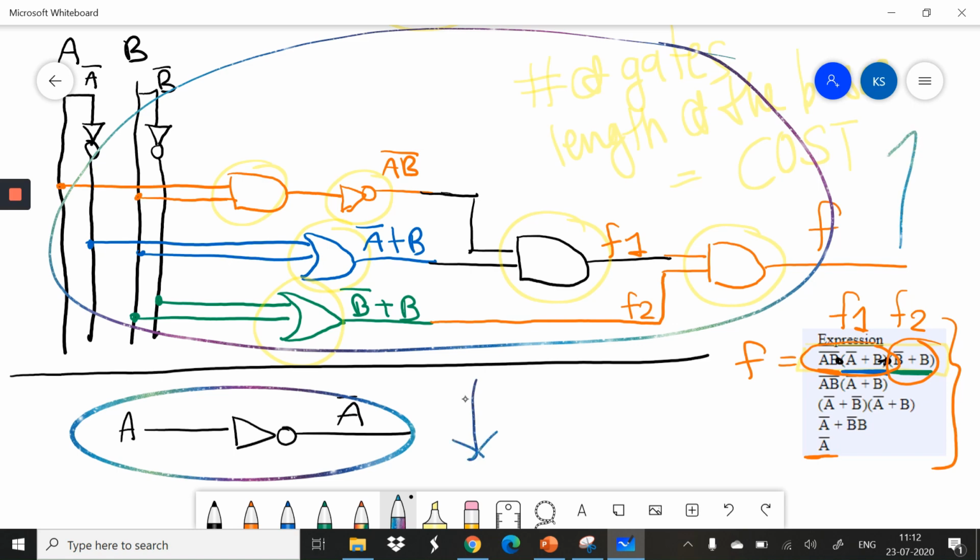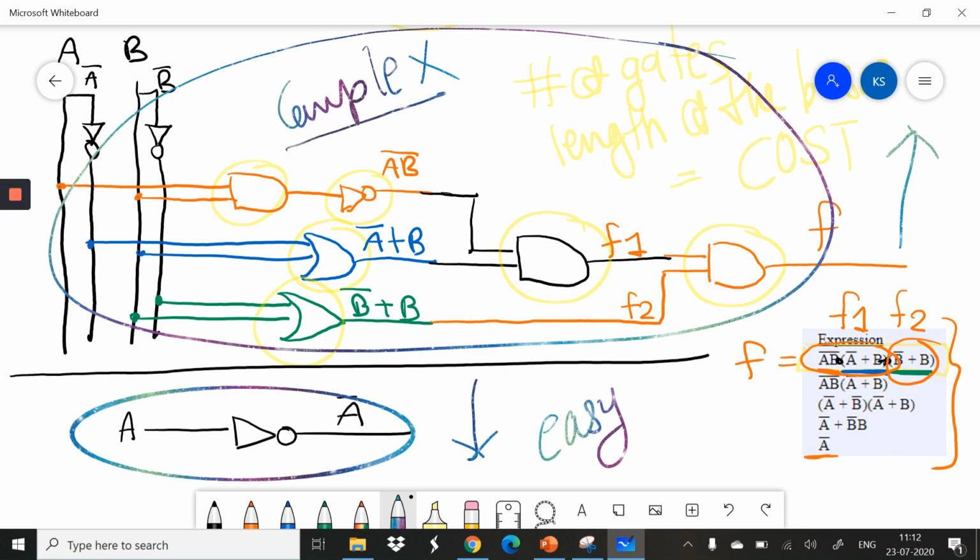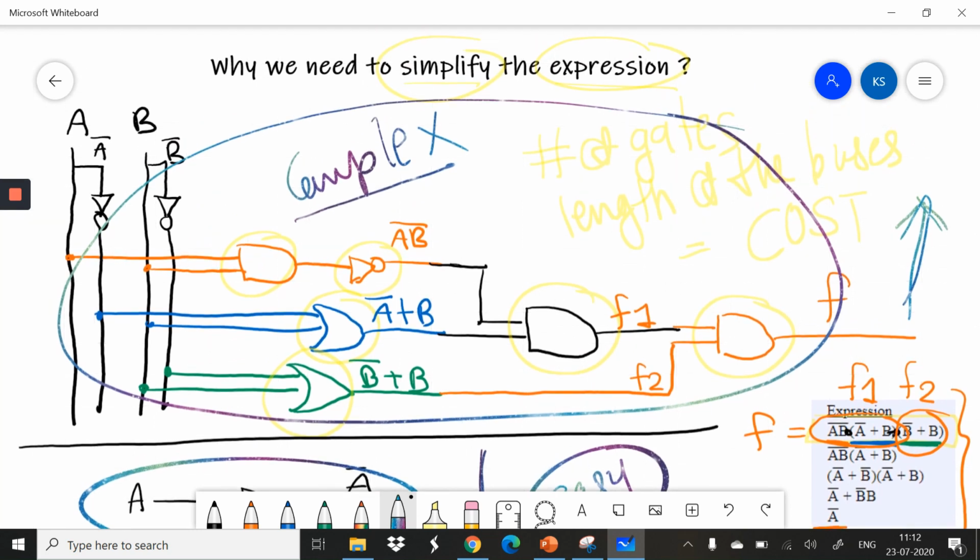The large one is quite complicated, a complex structure, while the other is very easy. As we can see, the complexity is high and the cost is high, so of course we'll prefer one easy circuit along with the low cost, and so we need simplification rules, or we need to simplify the expression.